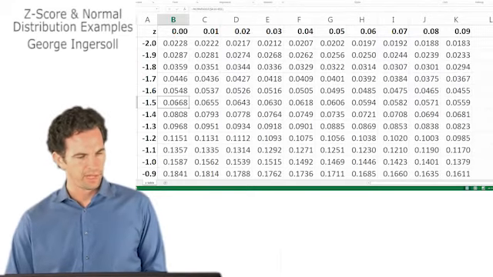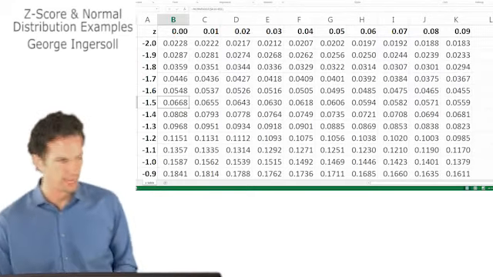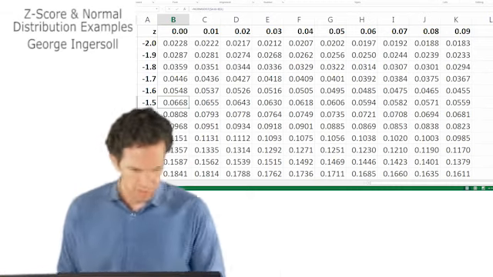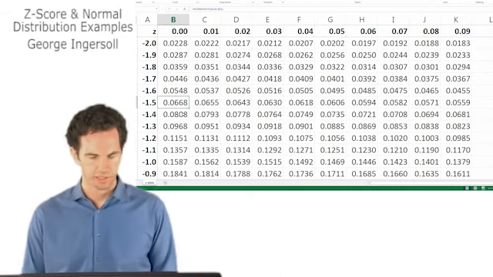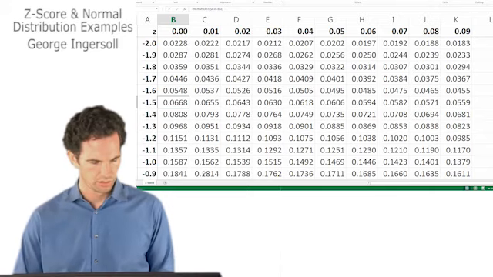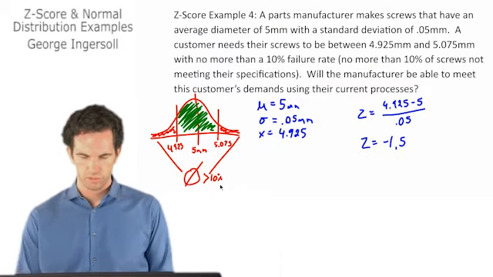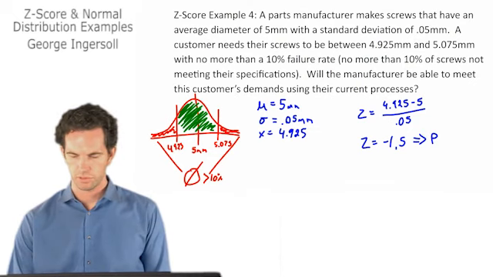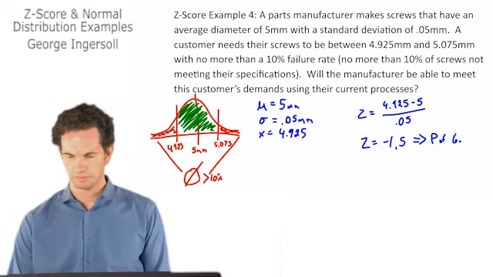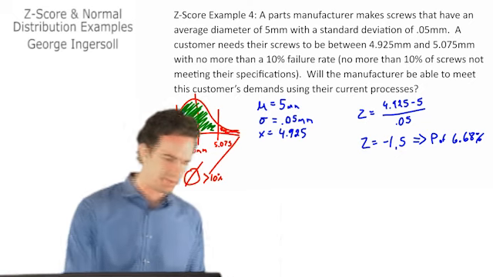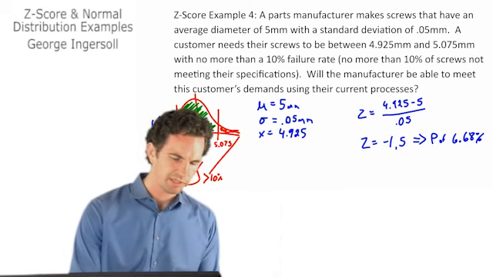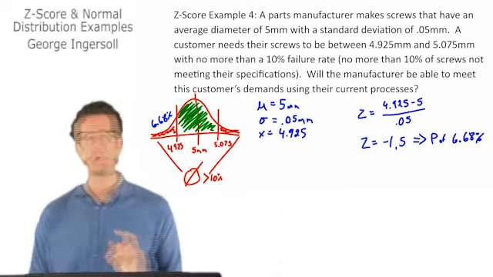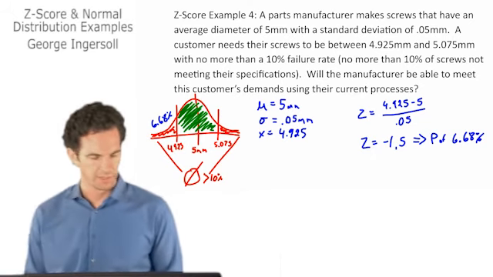Negative 1.5 gives us a value of 0.0668. That's also known as 6.68%. So that's what this is over here, 6.68%. Not looking good for meeting our customers' demands so far.